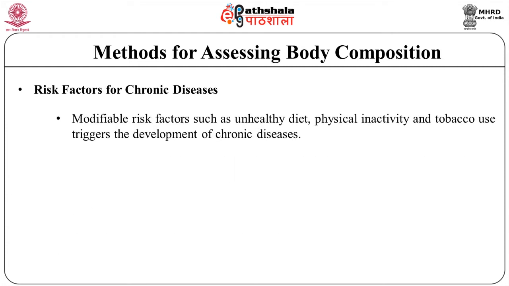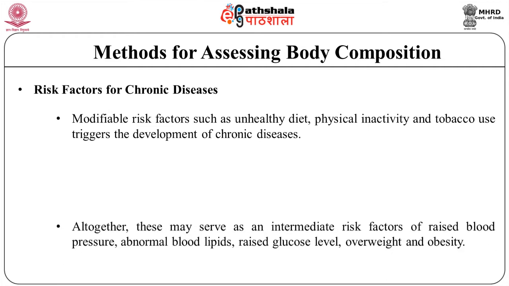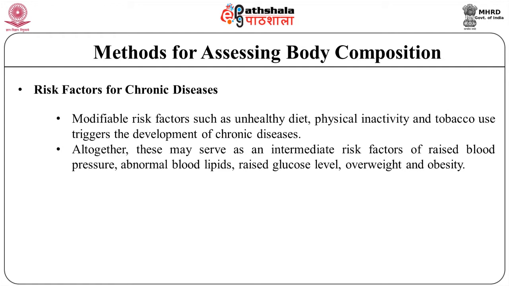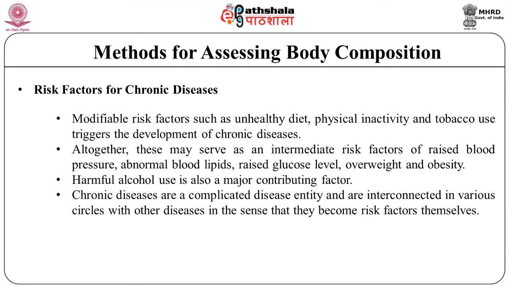Modifiable risk factors such as unhealthy diet, physical inactivity and tobacco use trigger the development of chronic diseases. Altogether, these may serve as intermediate risk factors of raised blood pressure, abnormal blood lipids, raised glucose level, overweight and obesity. Harmful alcohol use is also a major contributing factor.